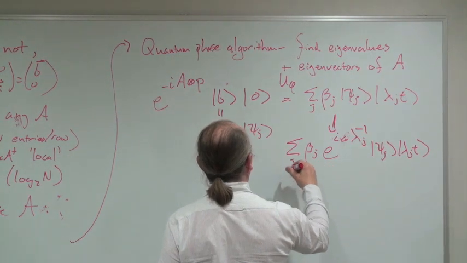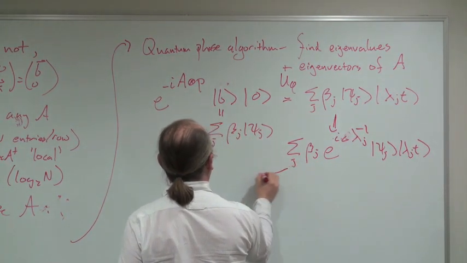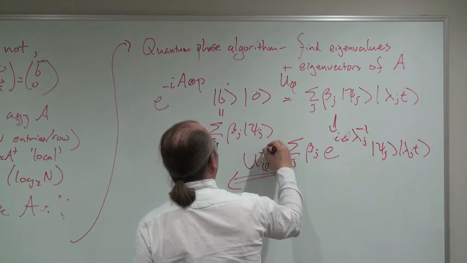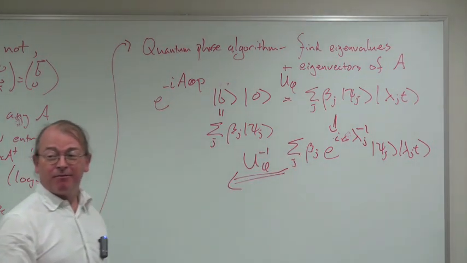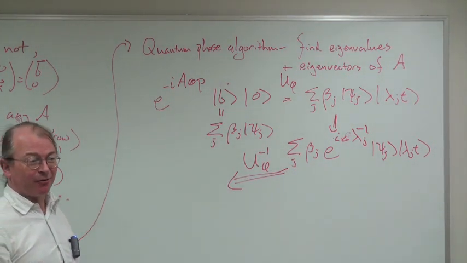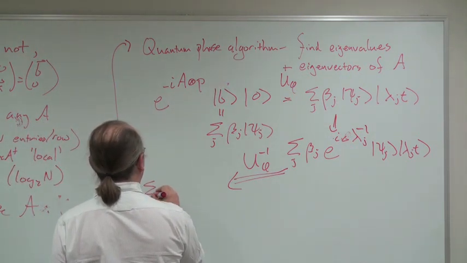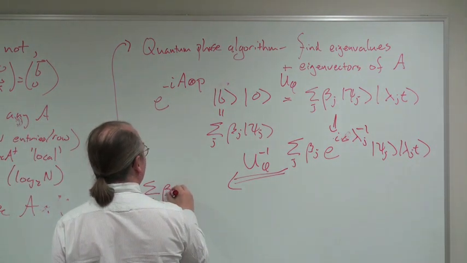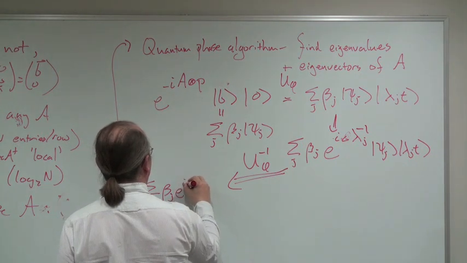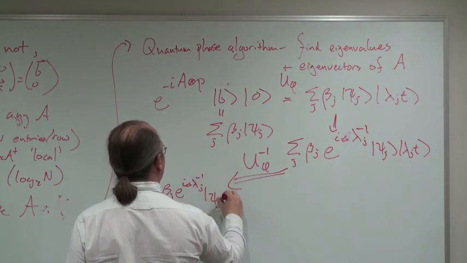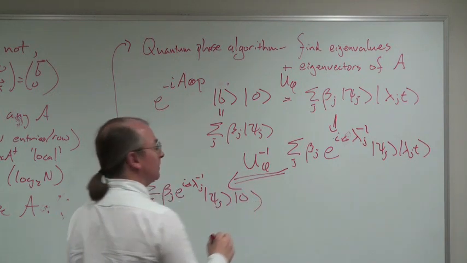And now, let me go. I'm sorry to kind of wander around like this. This is maybe bad blackboard technique. Now I undo the phase algorithm, this kind of measurement algorithm, and I get the sum over j, beta sub j, e to the i delta lambda inverse j, psi j, 0.